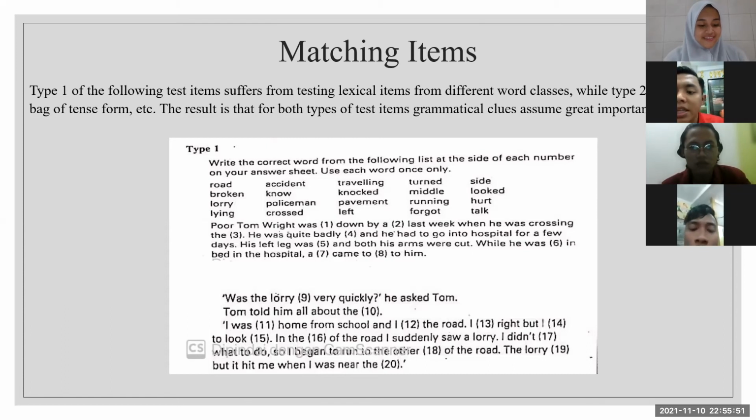The words can follow each number, like "poor Tom was knocked down by this", making matching words. This goes from number one until number 10 and number 20. That is matching type items for vocabulary. I think that's it for the matching item.